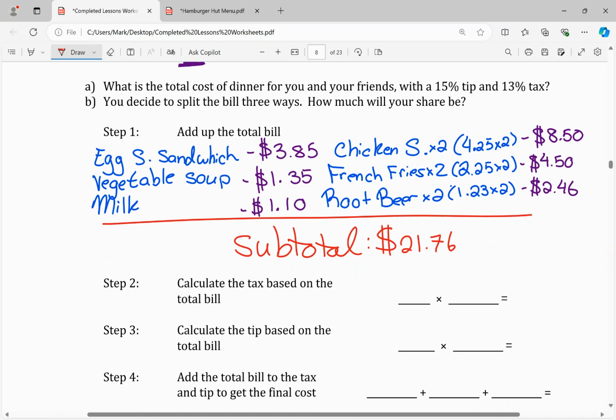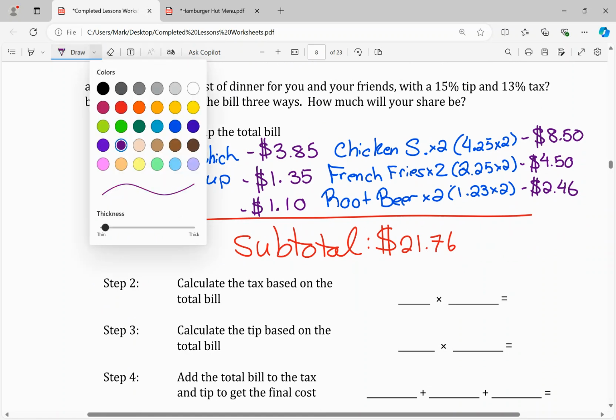Great. Now, they asked us for the total cost of dinner with a 15% tip and 13% tax. All right. So first thing we're going to do is we're going to calculate the tax. Then we're going to calculate the tip. But both of them are going to be calculated based off of the subtotal. So let's start with our tax.